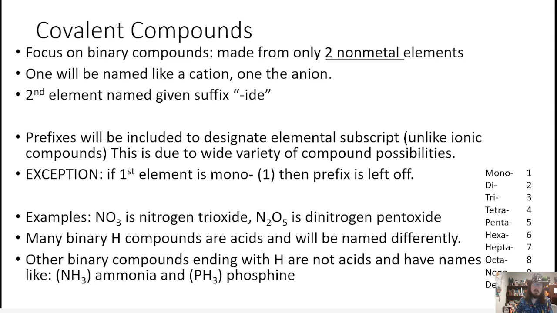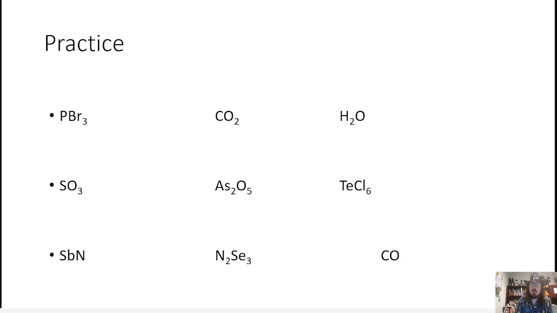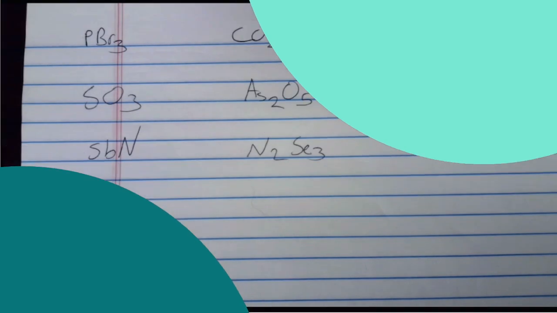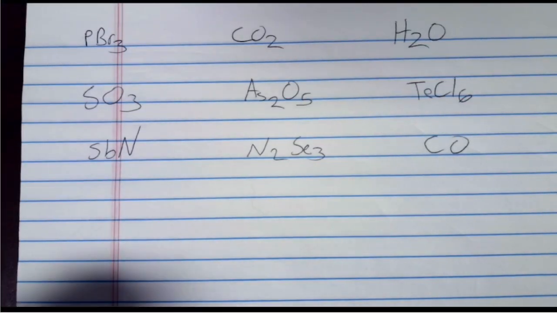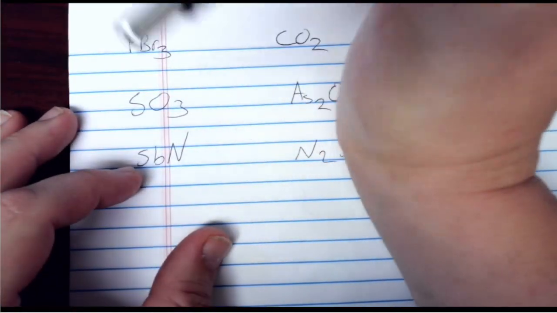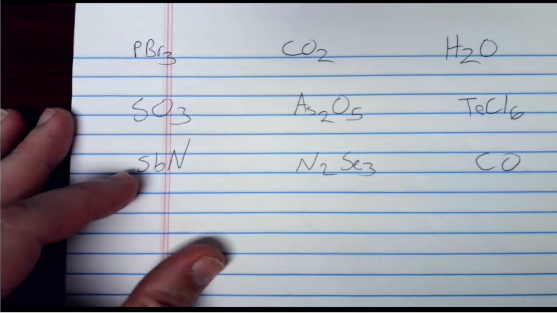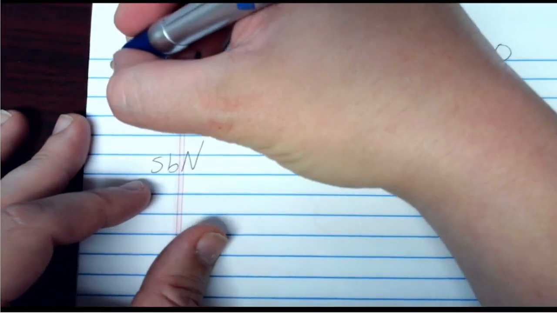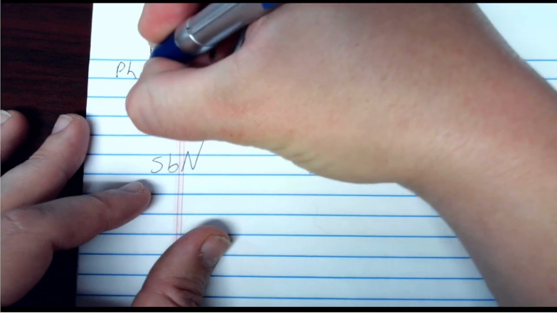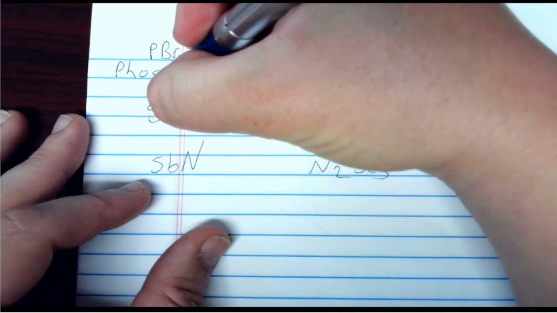So, okay, we're going to do this practice. This will be our last slide. I know you may think we spent way too much time on here, but we spent just enough time on here. This is awesome. So, recognizing the elements is the key. This is P, it's phosphorus.